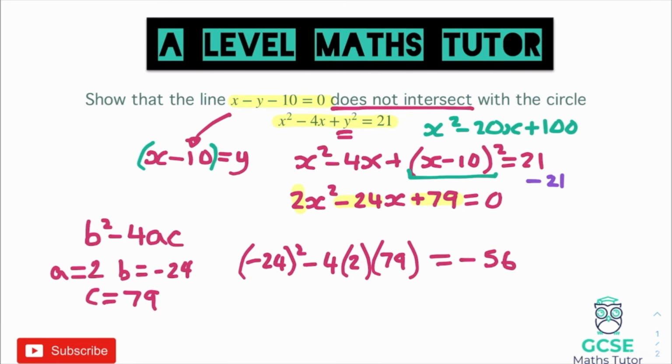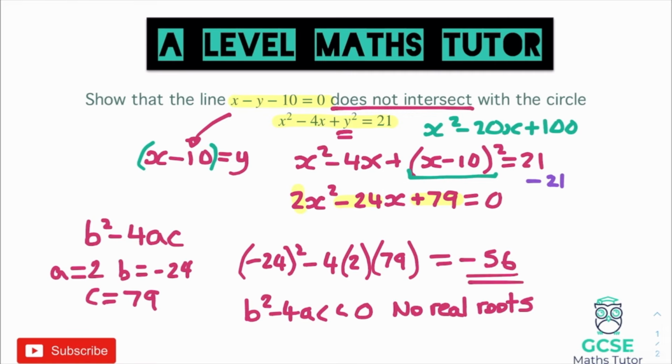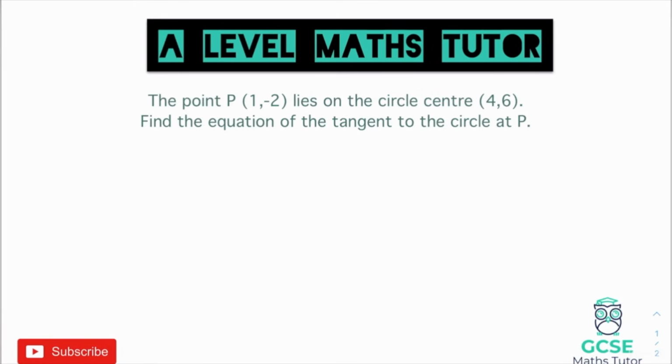So we know that when b squared minus 4ac is less than 0, that means it has no real roots. Okay, so because we've got an answer of negative 56, we have no real roots, and therefore these do not intersect.